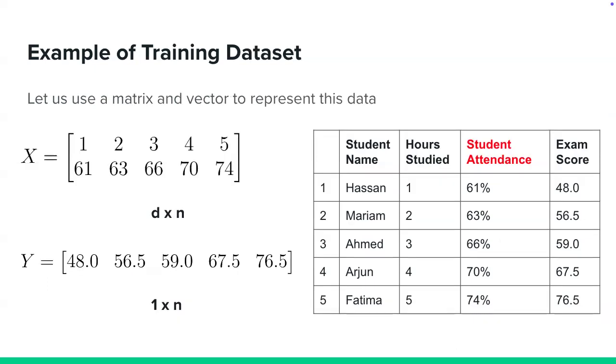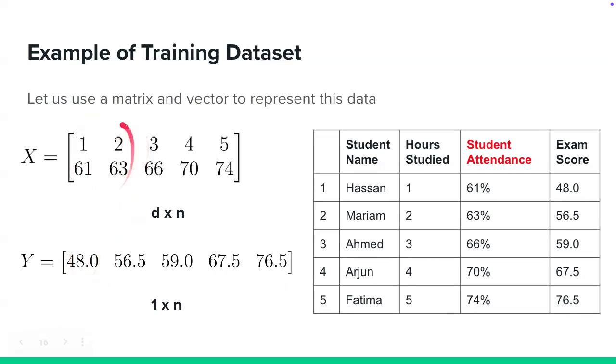So how do we use a matrix and a vector to represent this data? This is how it would look. This is the information for student one. Student one, Hassan, studied for 1 hour and his attendance was 61%, and this was his exam score.